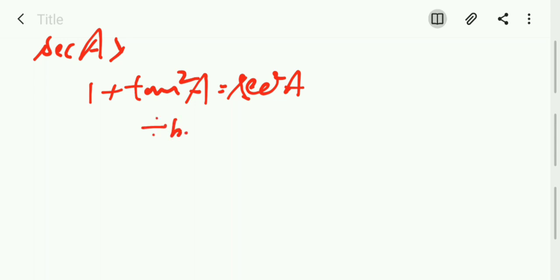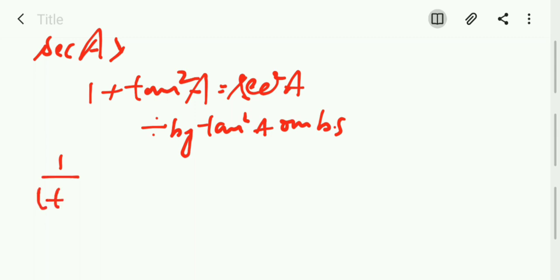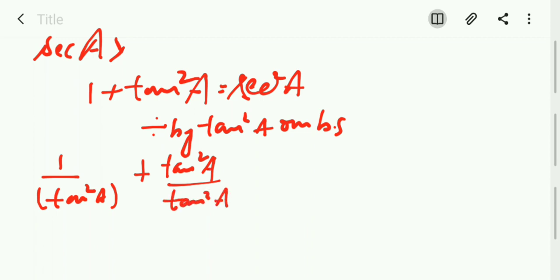And I will divide by tan square A on both sides. Now dividing this gives us 1 by tan square A plus tan square A by tan square A is equal to secant square A by tan square A. Correct? Now this gets cancelled out.